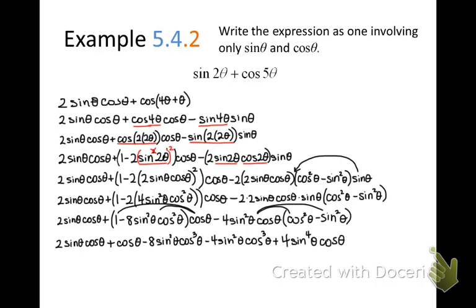What do you guys see that we can still do? Condensing at least, right? So you guys still have this 2 sine of theta cosine of theta. Is there anything that I can condense with that one? No? So I'm actually going to start reordering this. I'm going to write just the single term first, so the cosine of theta term. Then I'm going to put my single terms, so the 2 sine of theta cosine of theta.